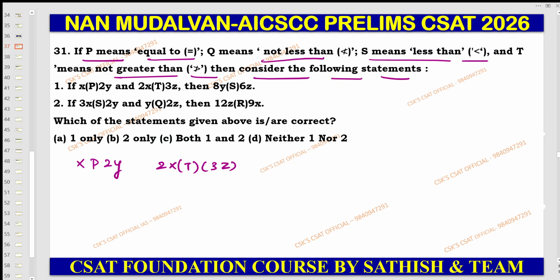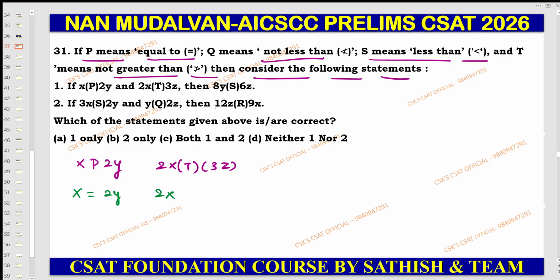Let's focus on the sign. The first one states X P 2Y, so X is equal to 2Y because P means equal. Next, 2X T 3Y, and T means not greater than.